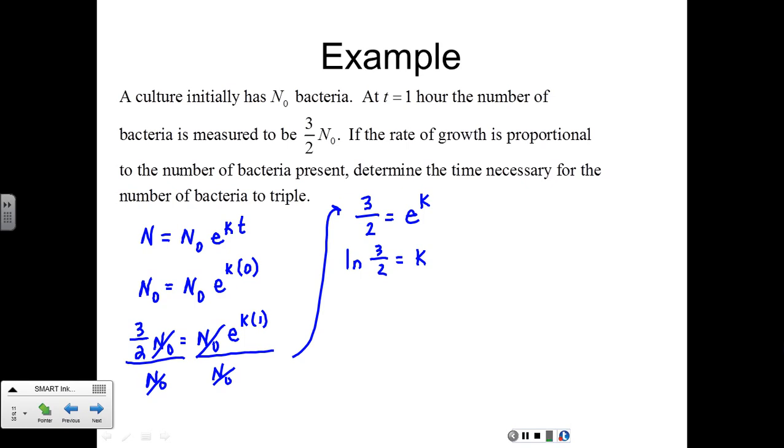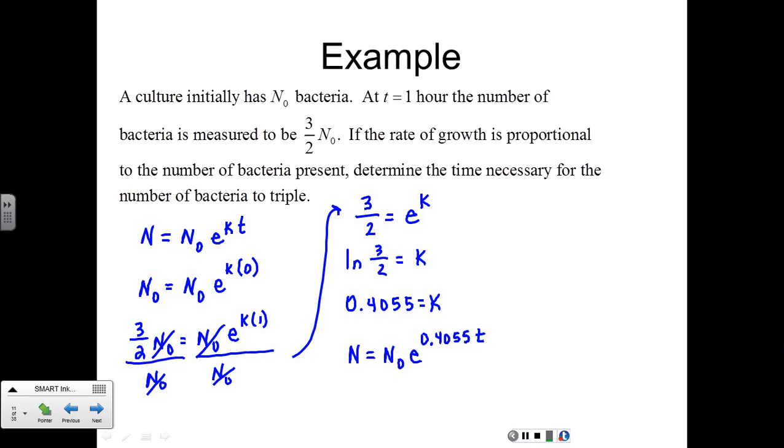Okay. So here's my equation now. The number present is equal to n sub 0, my initial amount, e to the 0.4055t. There's the equation I used.